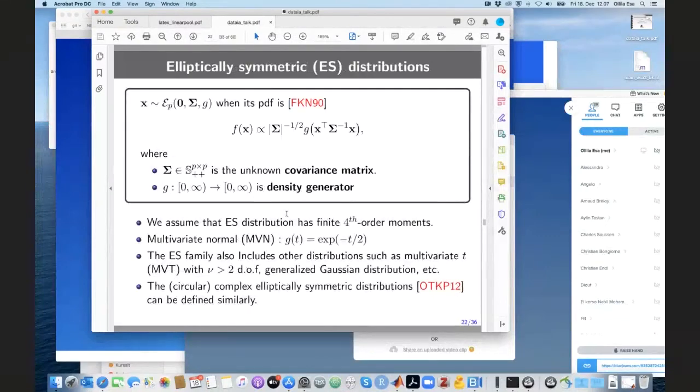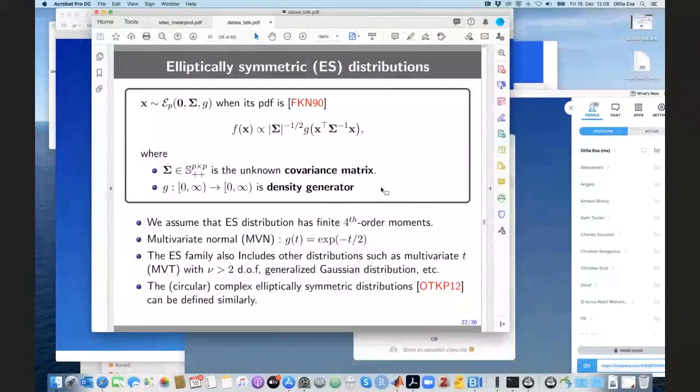For an elliptically symmetric distribution, the PDF is given here for the real valued case. I'm assuming fourth order moments are finite, and this sigma here can be taken to be the covariance matrix of the random vector x. And this g is the density generator, and if we take the following form of the density generator, then this distribution will be a multinormal distribution.